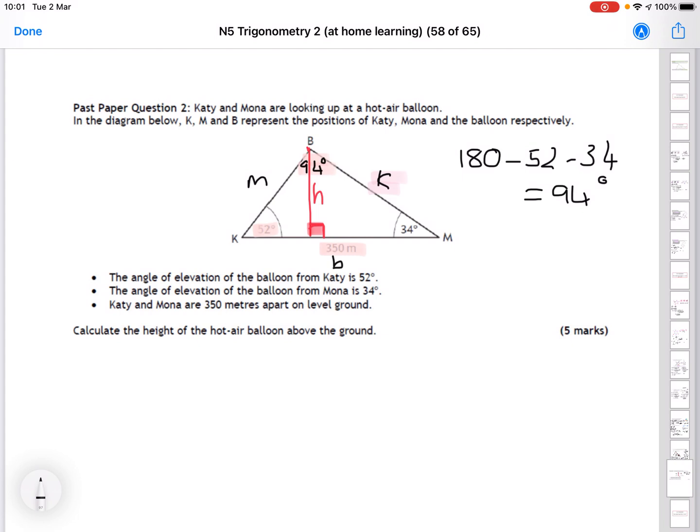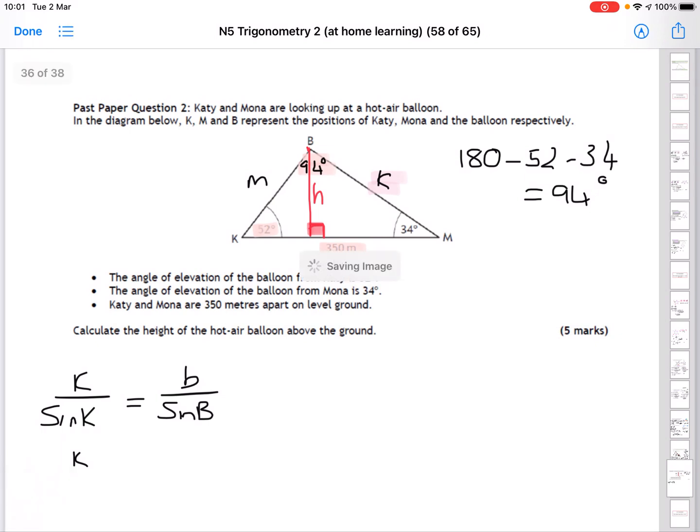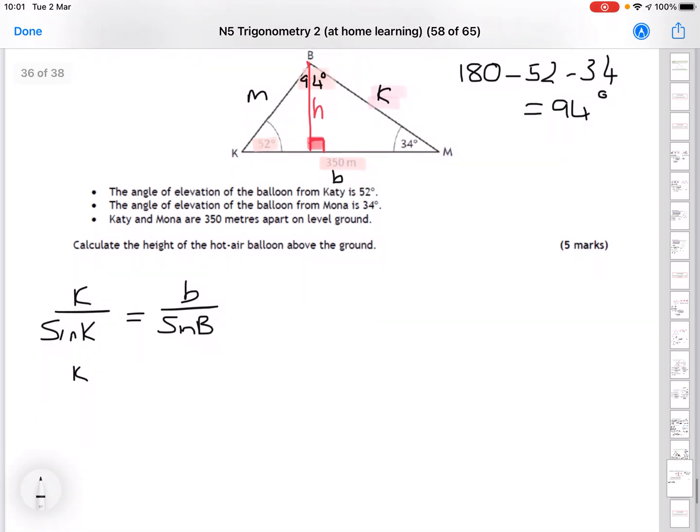So if we set this up, we have K over sine K, and we have B over sine B. Side K is the side I'm trying to find, so I'll leave that as a K for now. And then I have my angle at K, which is 52, so sine 52. Side B was 350, and then angle B we've just found is 94, so sine 94. So we're going to go ahead and solve this now. So cross multiply, starting with the unknown value.